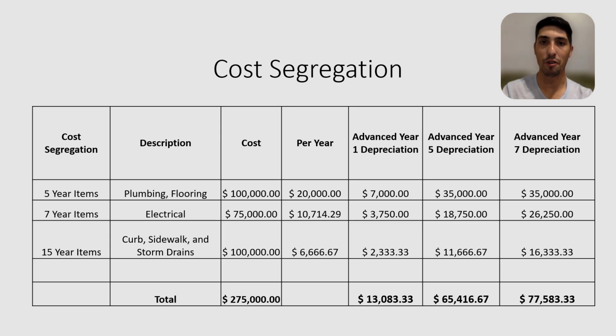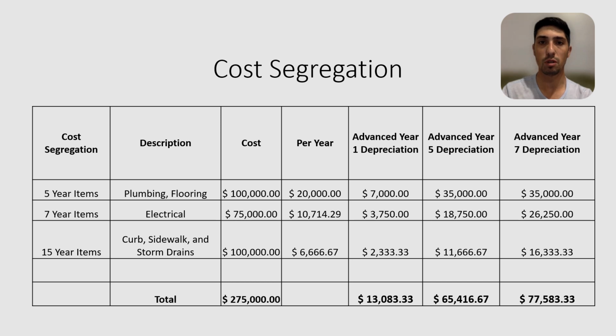Now, I'm not going to go into every number listed on this slide, but please feel free to pause the video at any time if you want to dig further into it, or contact me if you do have any questions. For the same property, let's say we're able to determine that you have $100,000 in plumbing and flooring, $75,000 in electrical, and $100,000 in curbs, sidewalk, and storm drains installed as part of this property.